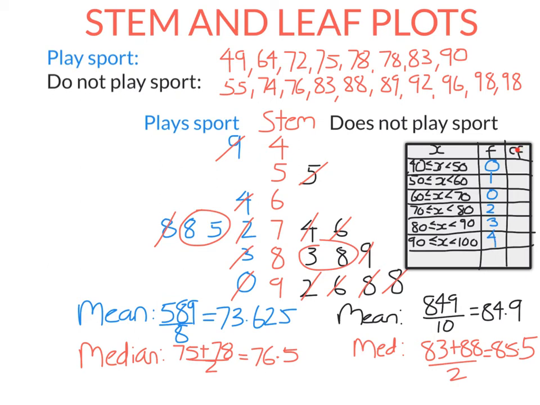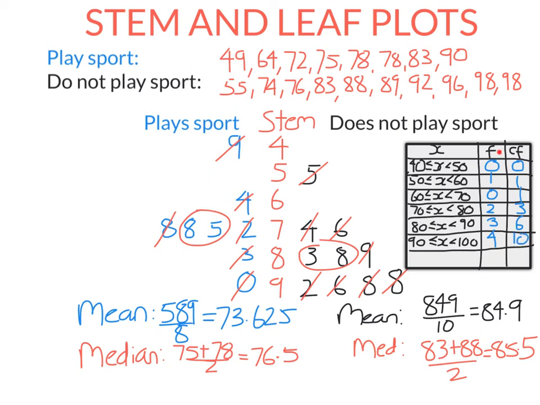Remember, the CF column means cumulative frequency, so there were 0 scores less than 50, 1 score less than 60, and still 1 score less than 70, and then we go 1 plus 2 gives you 3, 3 plus 3 gives you 6, 6 plus 4 gives you 10.